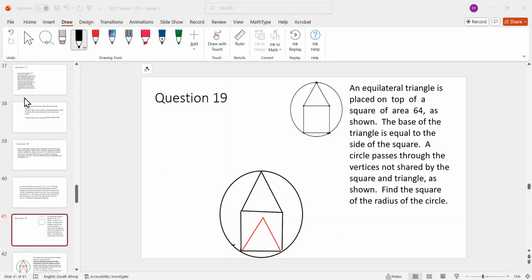All I do is just redraw it, which means that all these sides are equal. It's the same equilateral triangle, and this side of the equilateral triangle is shared with the side of the square. So this line is that. So you got all these sides are equal.